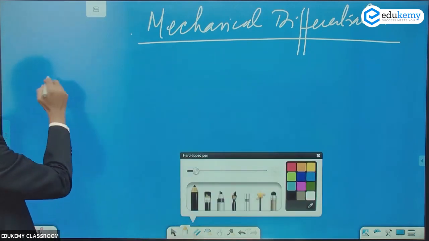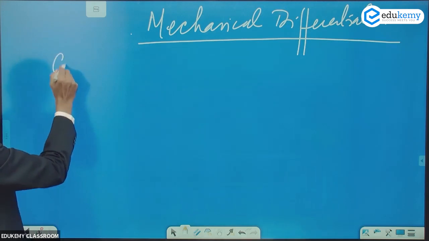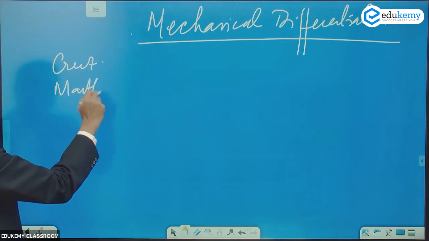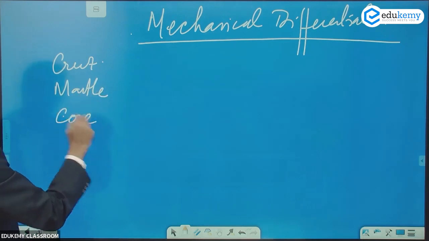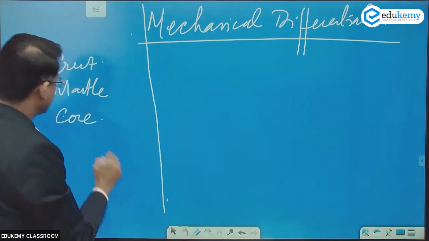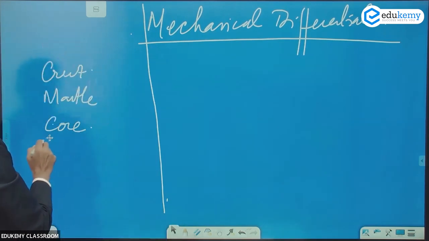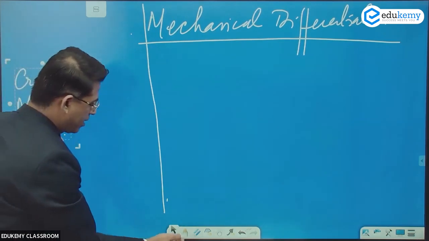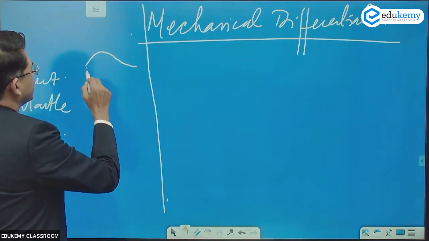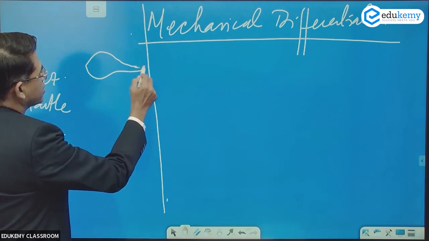So in chemical differentiation, we have the crust, the mantle, and the core. What does it look like? It looks like this. The outermost layer is the continent. This is the ocean.